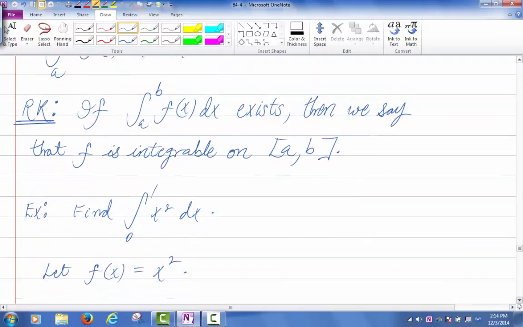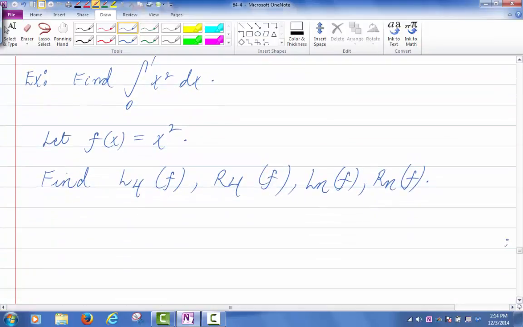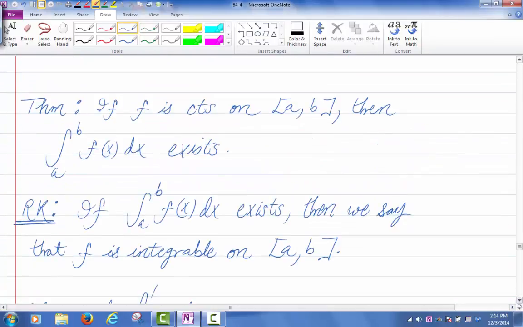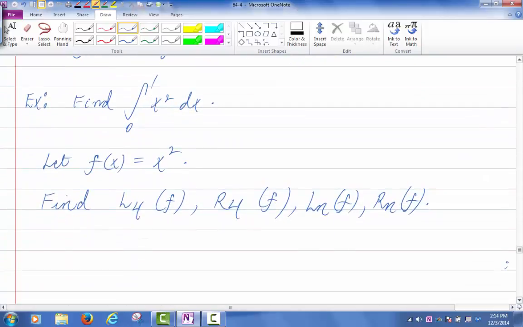Okay, let's look at an example now. I want to compute the integral from 0 to 1 of x squared. I want to compute the definite integral of x squared from 0 to 1.